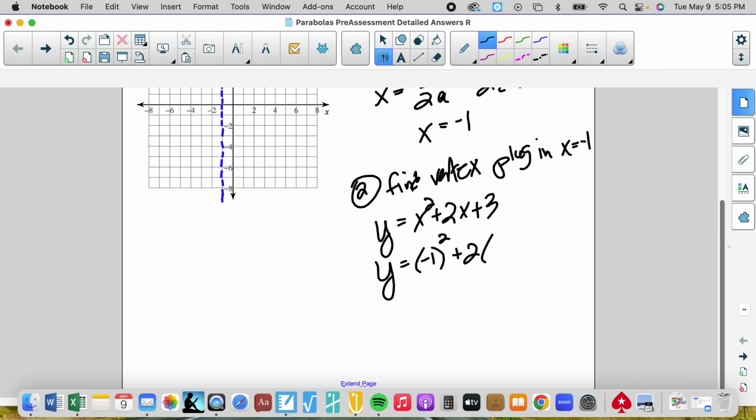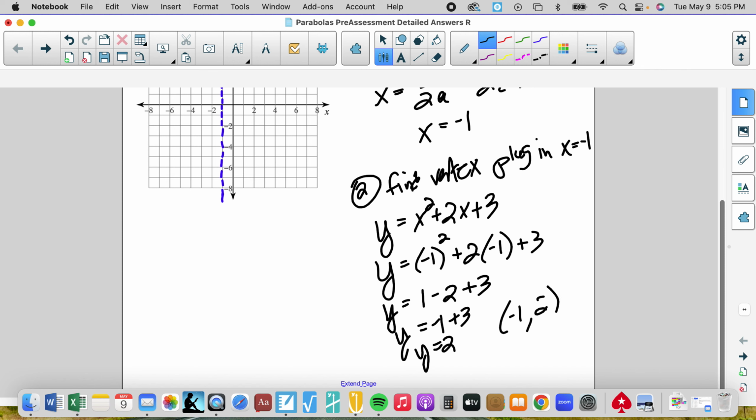I'm plugging in a negative 1 and I'm multiplying it by 2. So I'm going to do the exponent. Negative 1 quantity squared is 1. 2 times negative 1 is negative 2. Plus 3 gives me negative 1 plus 3, which is 2. So when I plugged in negative 1, I got a positive 2 as my value.